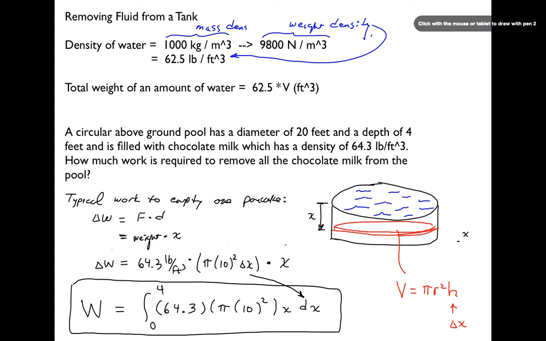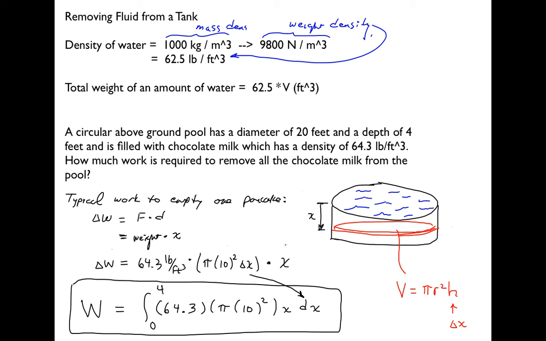Other questions? Yeah, please. I understand in this way, so there are pancakes in the top, they need to move 4 feet. No. There's only one pancake that has to move 4 feet. That's the one at the bottom of the pool. Every pancake has to move a different distance.